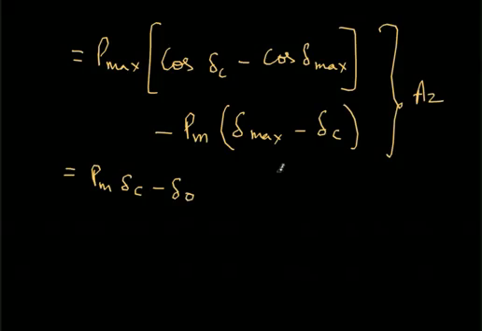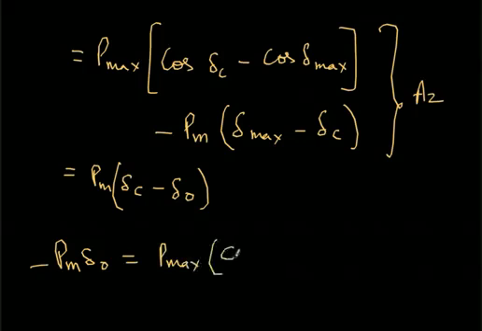From these two, I can cancel out this term: PM delta C will be plus on one side, and minus on the other, so both cancel out. Then I get PM delta naught equal to Pmax times cos delta C minus cos delta max, minus PM delta max.